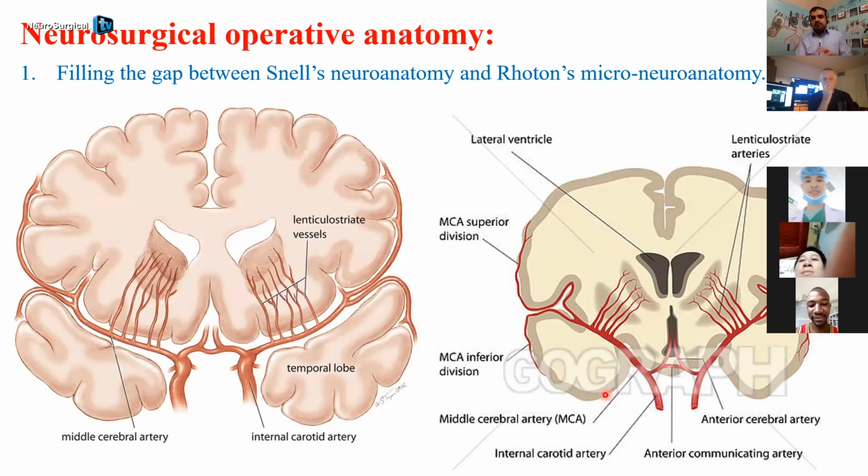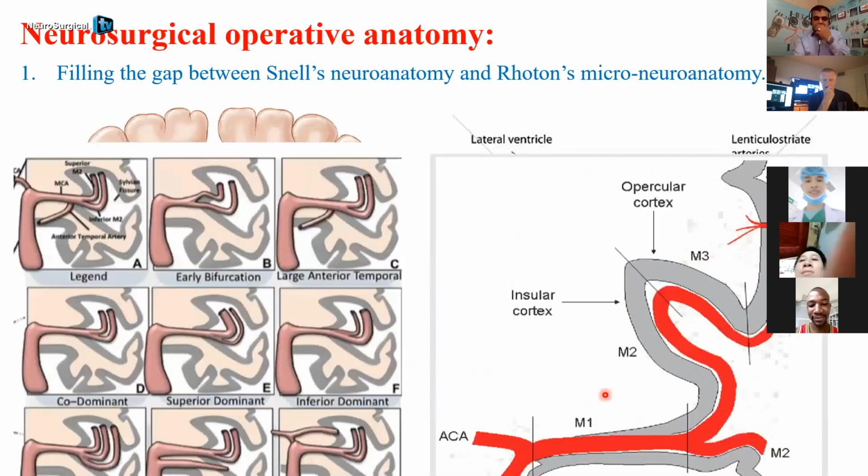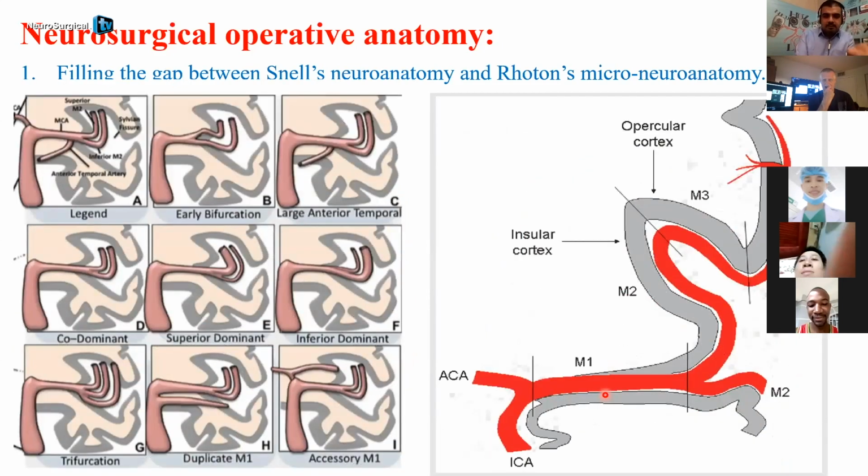Always in this type of illustration, there are a lot of wrong illustrations. And I encourage you to use the theory part to pick out these mistakes. And this is more reliable. This is the reality. This is the type of bifurcation of the middle cerebral artery and the sylvian fissure.